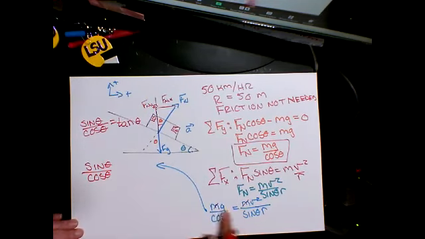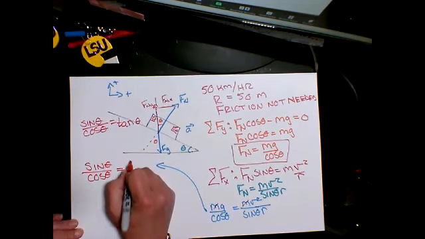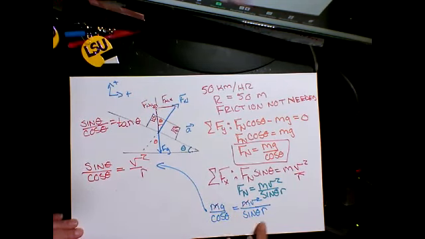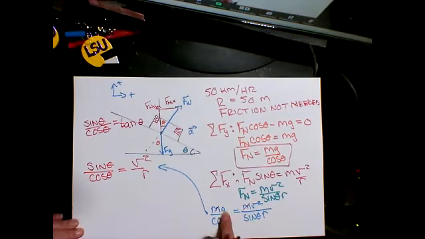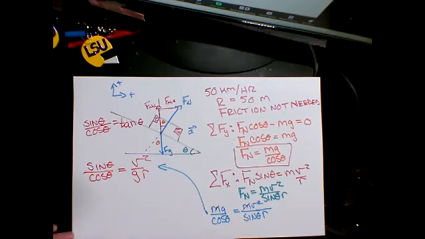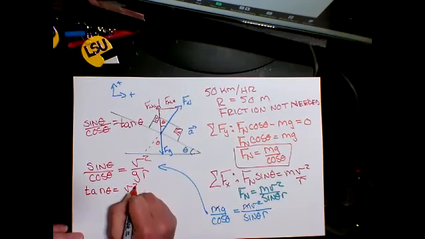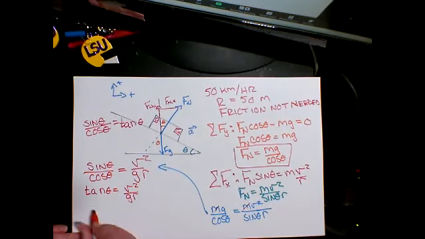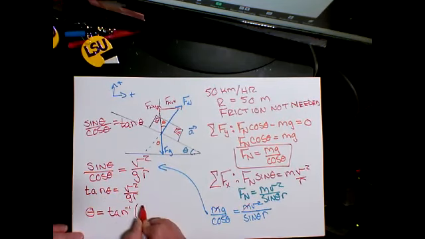So I've moved this up here, equals v squared over r. That's just this piece. I need that g gone, so I'm going to move the g down over here. So I can rewrite this as tan theta equals v squared over gr. Or if I take the arctan of both sides, that leaves me with theta equals the arctangent of v squared over gr.